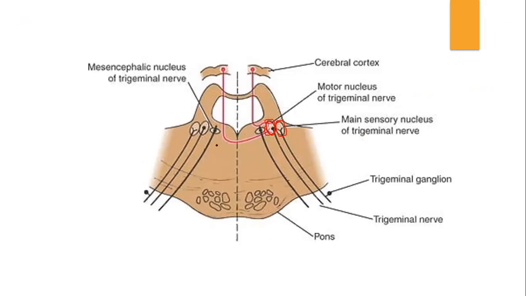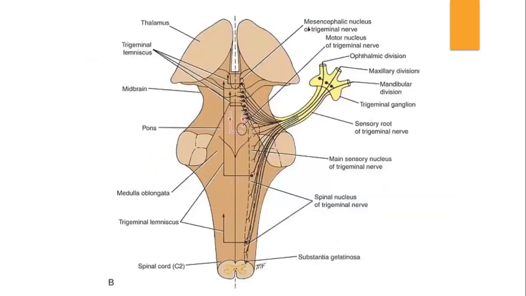Similarly, you can also see at the level of the pons the lower part of the mesencephalic nucleus right here. So these are the nuclei present at the level of the pons on the posterior aspect in the deeper layers. And this is the diagram that describes the spinal nucleus of the trigeminal, where you can clearly see it right here.